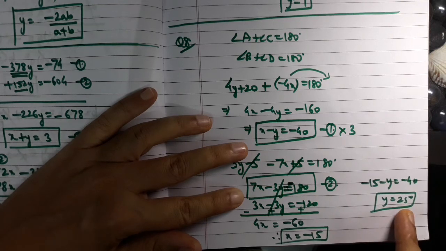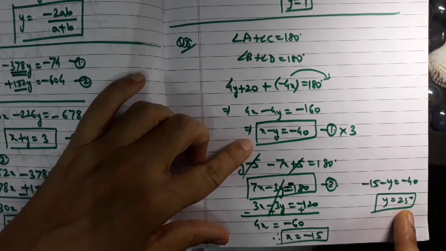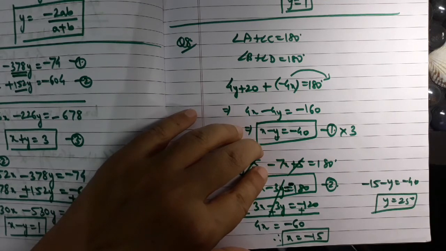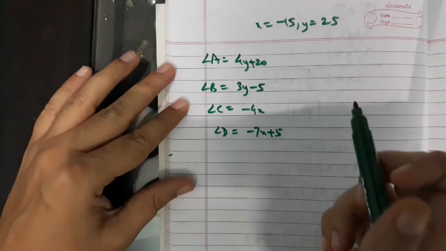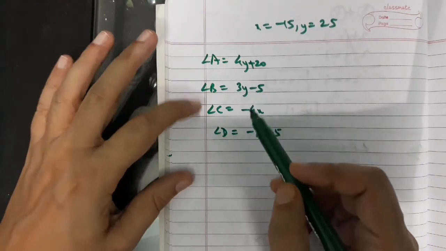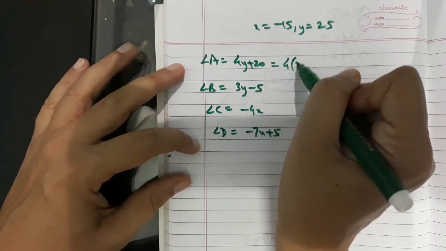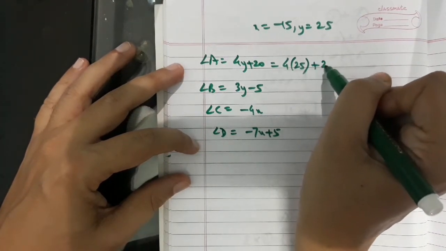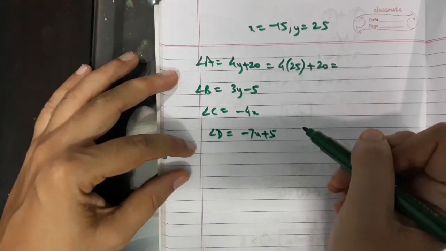These are the values of x and y. But in the question they are saying find all the angles of the quadrilateral. So you will have to substitute these values in the values of angle A, B, C and D given to us. So we substitute 4 into y plus 20, where y we have substituted as 25. We solve this.